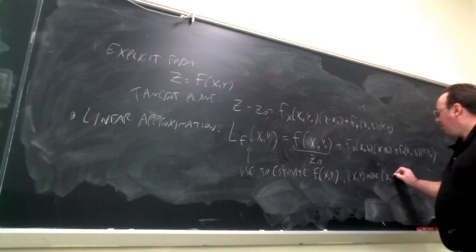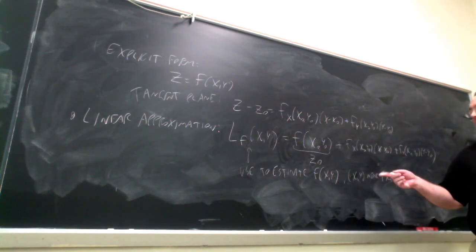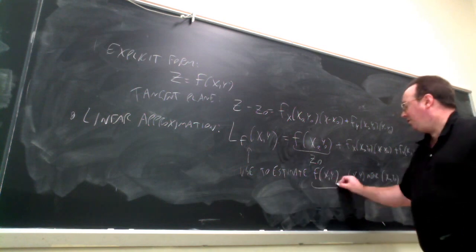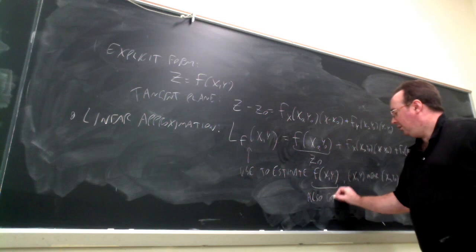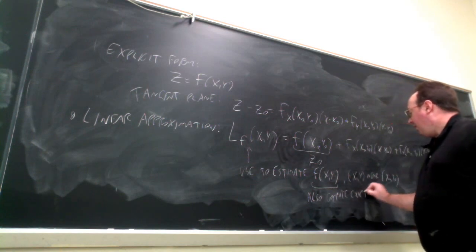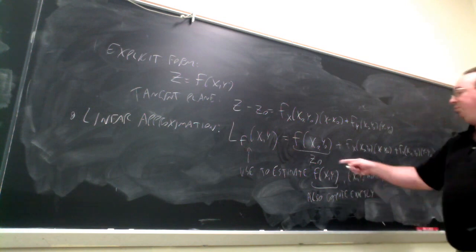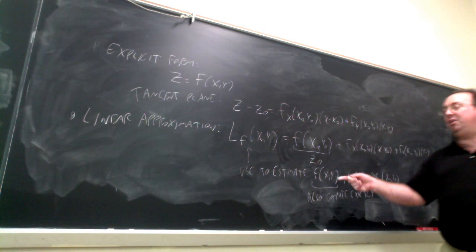x naught, y naught. And in fact, what I would recommend is, it might be worth the time, because you only have to give me the estimate, but I would suggest also compute this exactly. Go ahead and take your given point and plug it into the linear approximation, that's what I'm asking for, but also plug it into f.